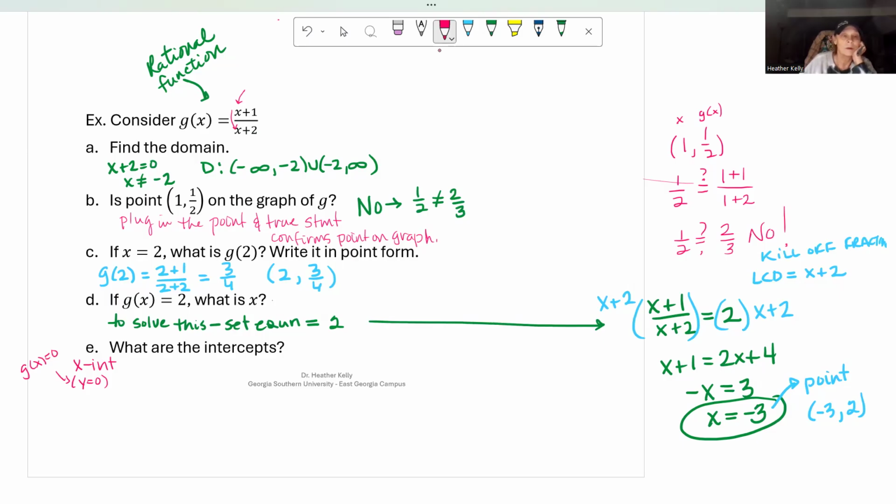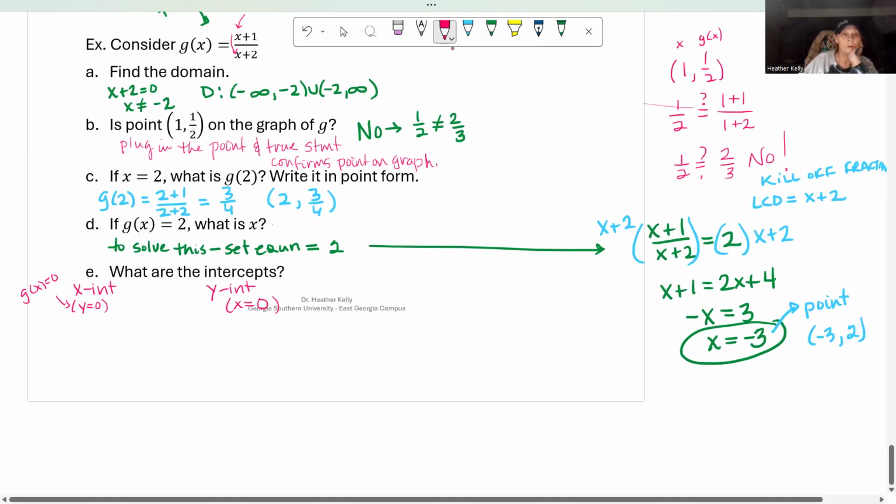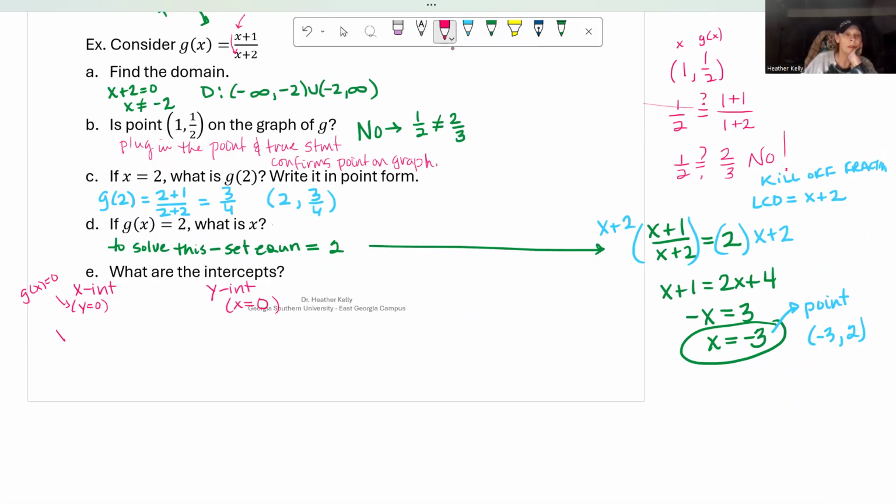And we get our y-intercept when x is equal to 0. Okay, so let's do this x-intercept first. The x-intercept happens when g of x is equal to 0. So I'm going to say x plus 1 over x plus 2 is equal to 0.